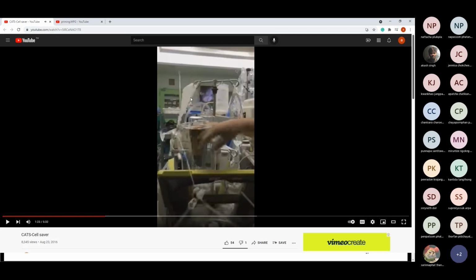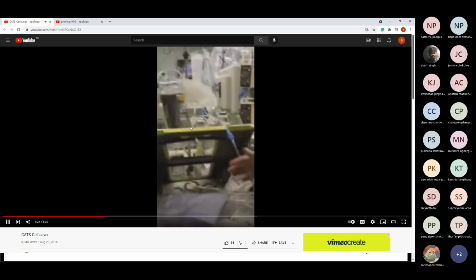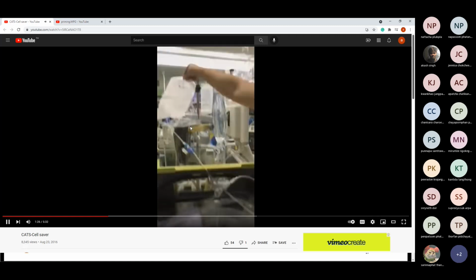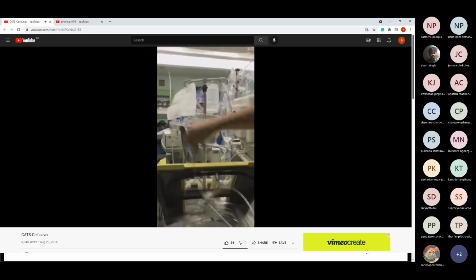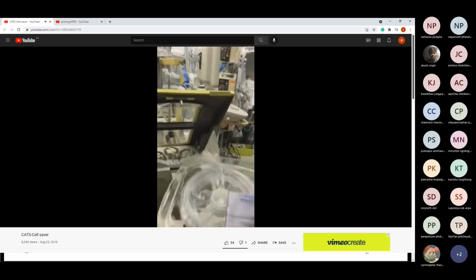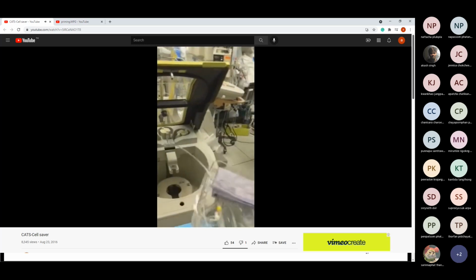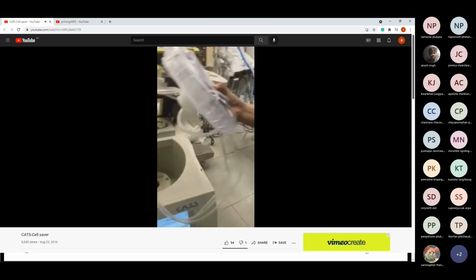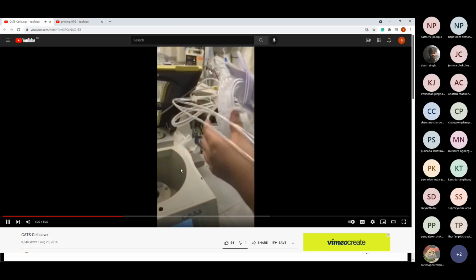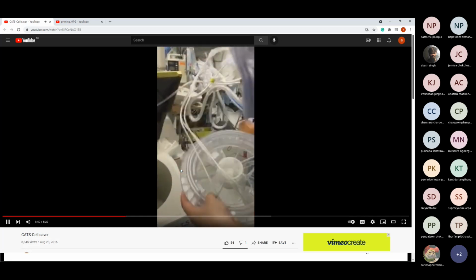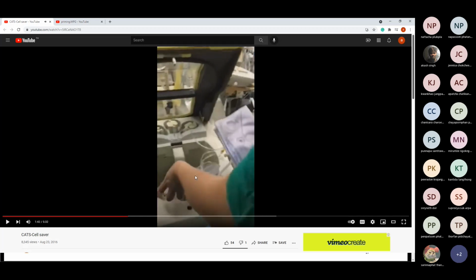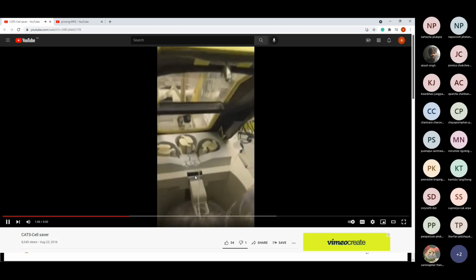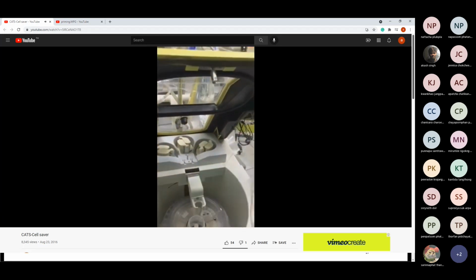The technician hangs the transfusion bag here. To install the pump bowl, just put it in here.